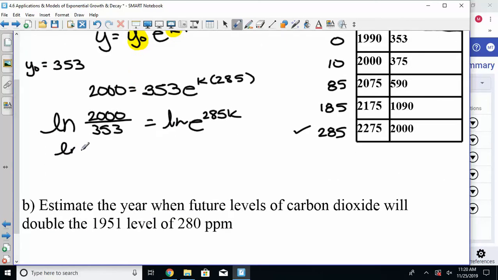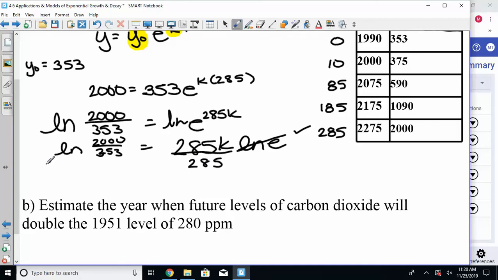The benefit of that is the exponent comes down. What is it, ln of e? 1. So you could choose to drop this if you didn't recognize that. Just divide it over, you'll get the same answer. So then to get my k by itself, I have to divide by my 285.